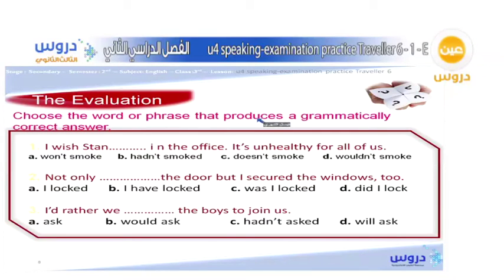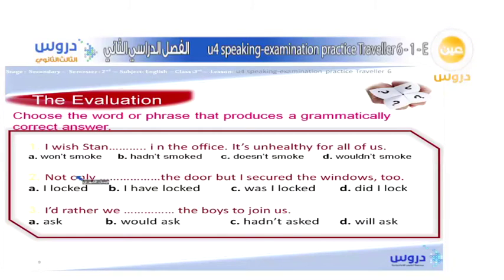Choose the word or phrase that produces a grammatically correct answer. Number 1: I wish Stan won't smoke, hadn't smoked, doesn't smoke, wouldn't smoke in the office. It's unhealthy for all of us.